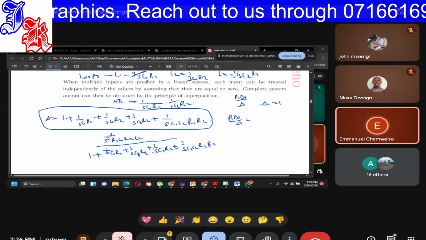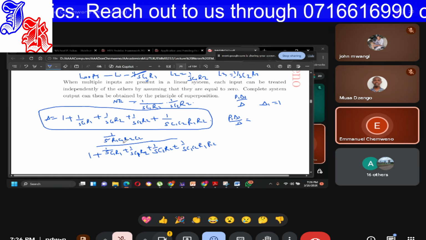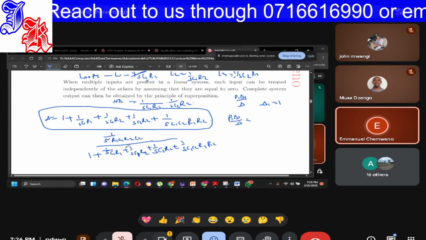I can multiply the numerator and the denominator by S squared R1 C1 R2 C2. So this will cancel and this will cancel.